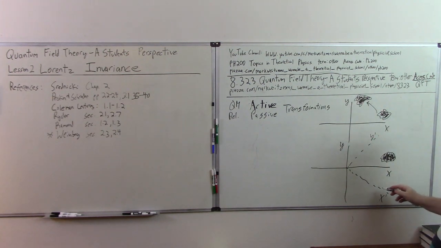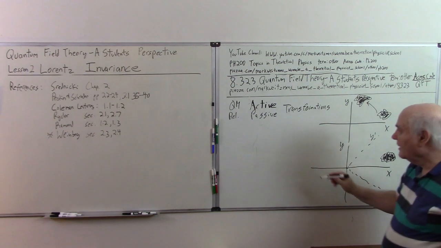And now my observer is going to be using these x prime, y prime axes. I didn't draw it that well. This should be closer to there, but you can see it's the same thing. Relative to the x prime, y prime coordinates, the object has the same relation.